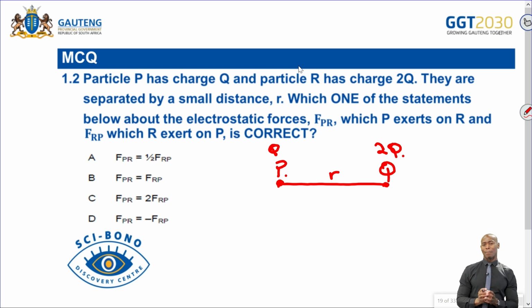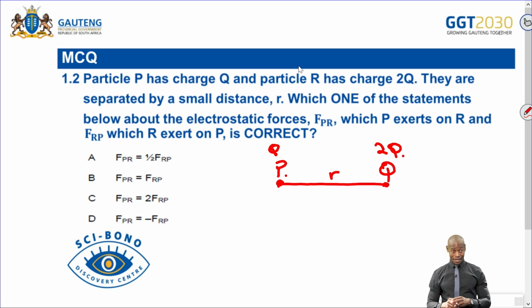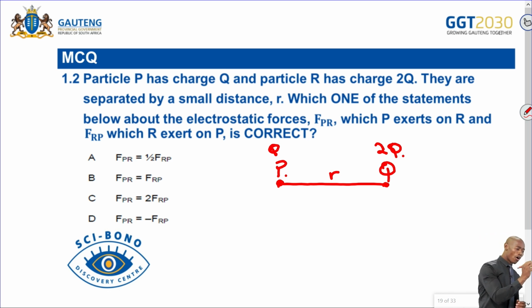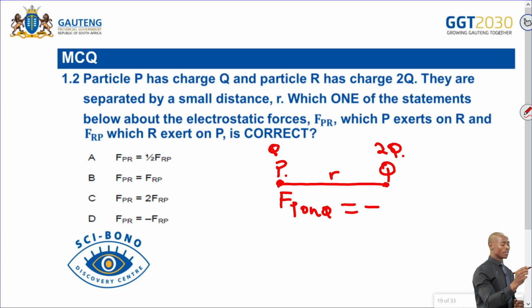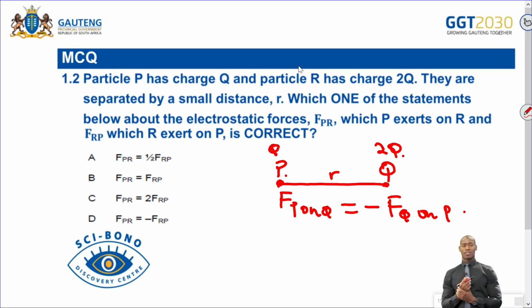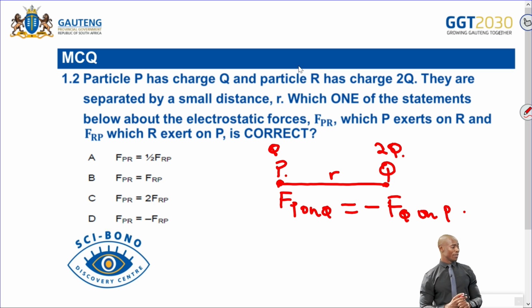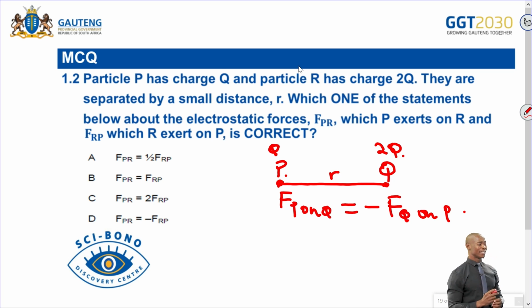Here, learners, there's application of Newton's third law. The force that P exerts on Q will be equal to the force that Q exerts on P, but acting in opposite directions.